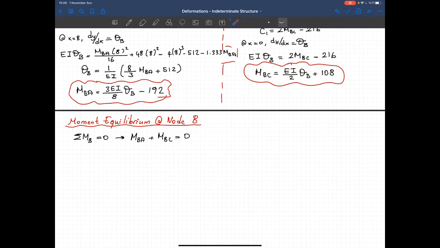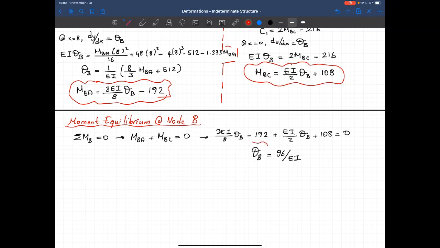Now insert these equations into this one and into that one. We have the following: 3EI over 8 theta B minus 192 plus EI over 2 theta B plus 108 equal to 0. And when you solve that equation, we obtain the rotation at B as equal to 96 divided by EI.